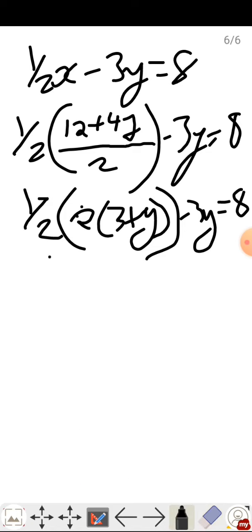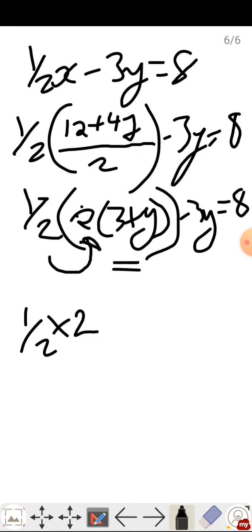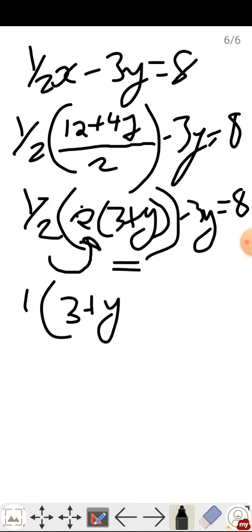So now this half, when you multiply with the number outside, in this case 2, so you do half times 2. You don't include any of these numbers that are inside. Okay, so it's half, so 2 and 2 cancel, you remain with 1. Okay, so now it's 1, you open bracket 3 plus y, because the half and the 2 multiplied. Okay, minus 3y equals 8.